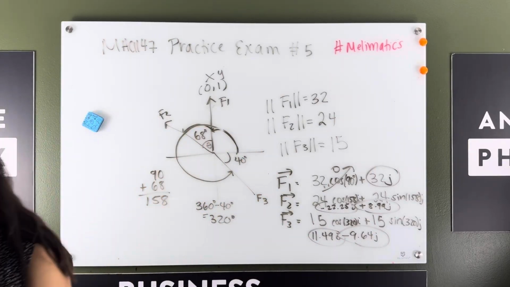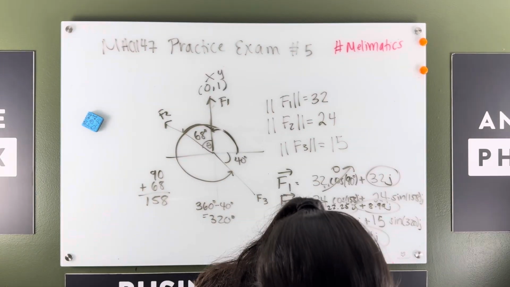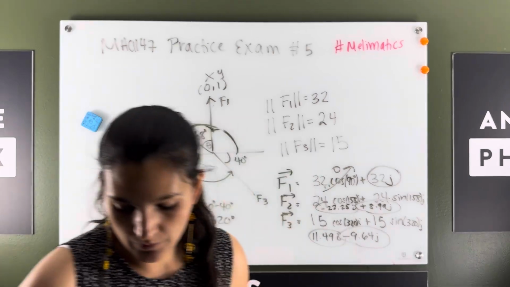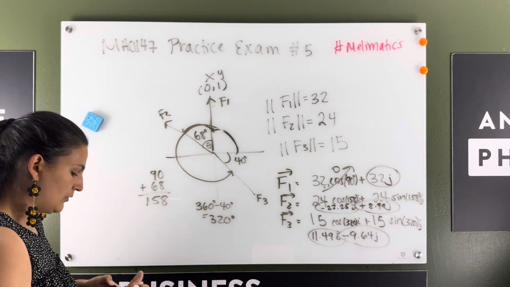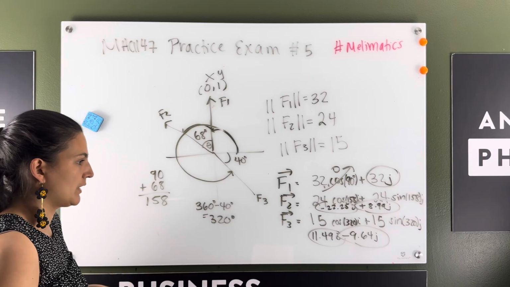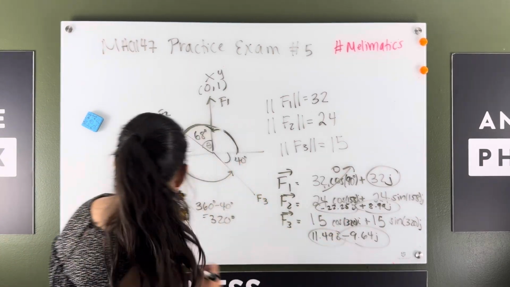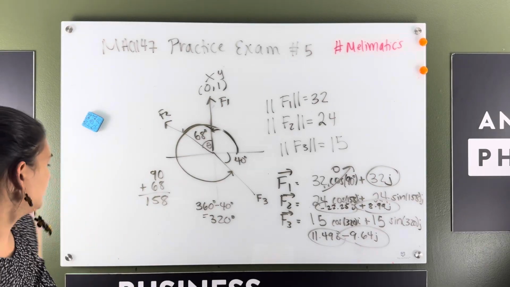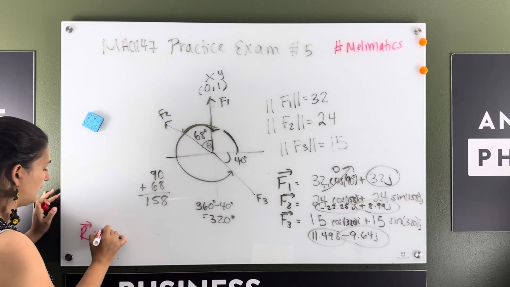And now I need the resultant force vector, which is all of them added together. So of course, join your like terms. We have i's, we have j's. Resultant force is all of them added together.